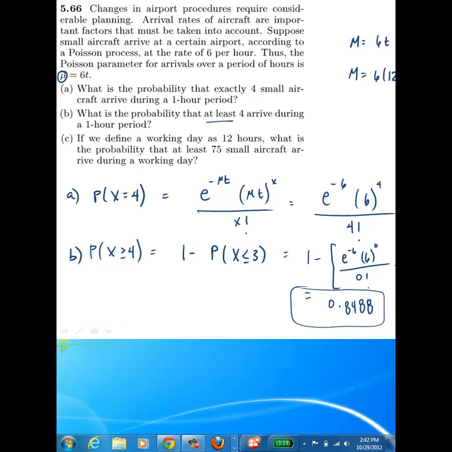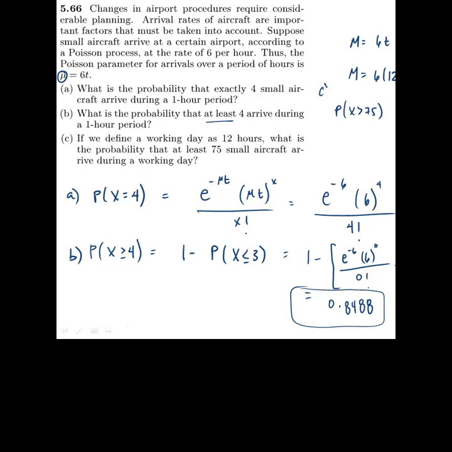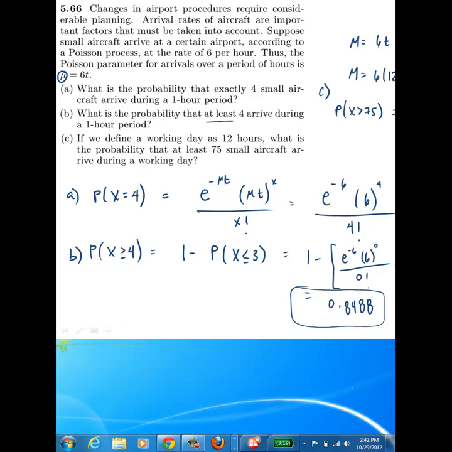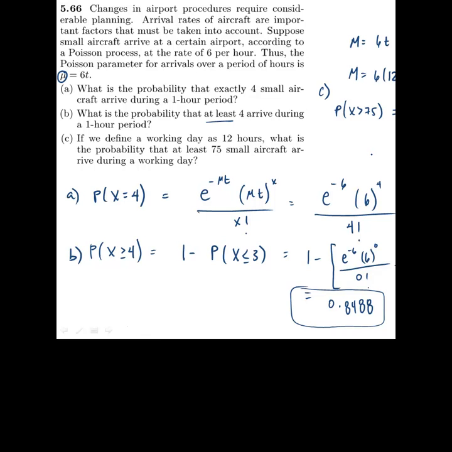And the question is the probability of X being at least 75. It's part C. You look at the complement, 1 minus P of X less than 75.